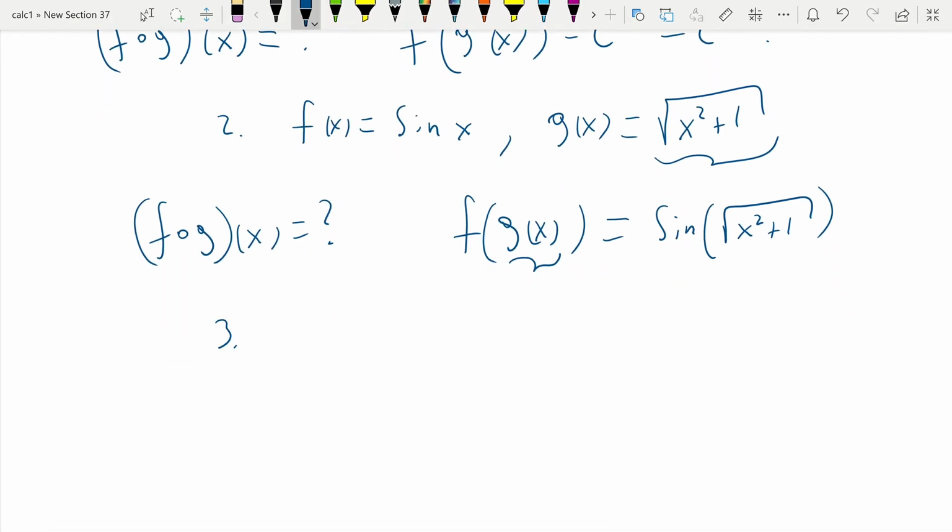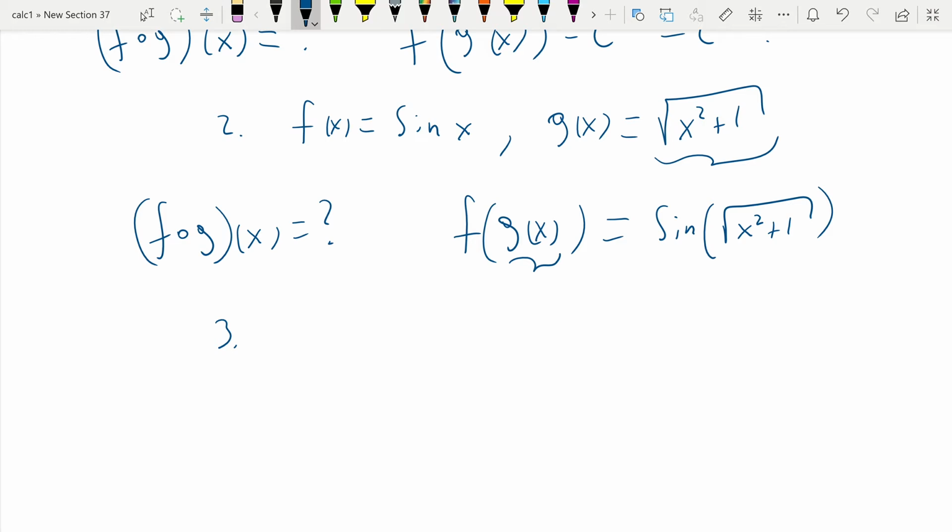One final example, because for some applications of the chain rule we'll be asked to find derivatives of compositions of functions that involve more than two functions, like three functions.